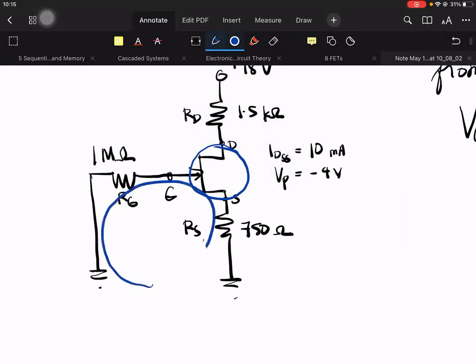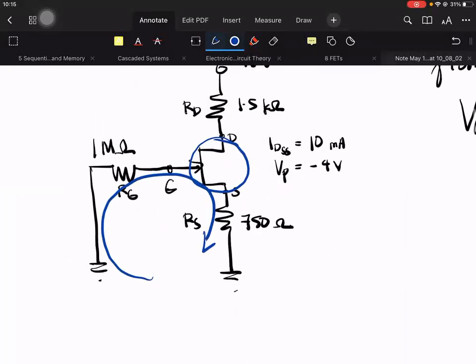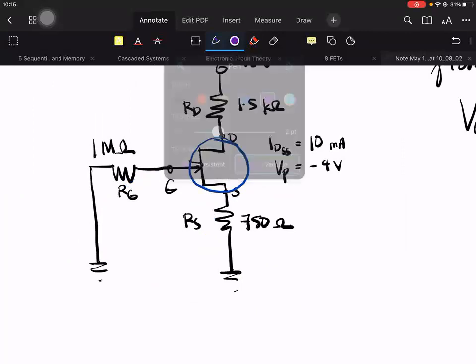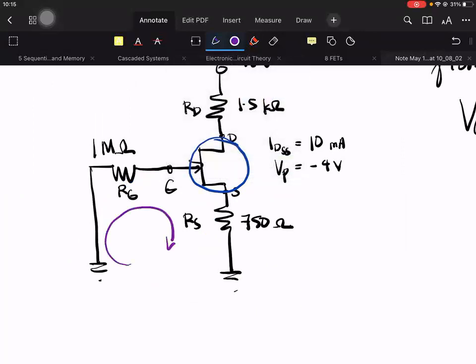So if we apply KVL here, we get that formula. So, IG RG minus VGS minus IS RS is equal to 0.